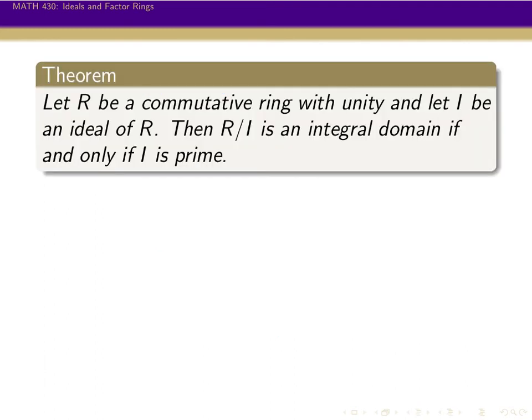Okay, so the important part of being a prime ideal is that if you look at the quotient ring associated to it, then you're going to be guaranteed to end up with an integral domain. So I think this is a proof that we can do bidirectionally all at the same time. And so R mod I is an integral domain.